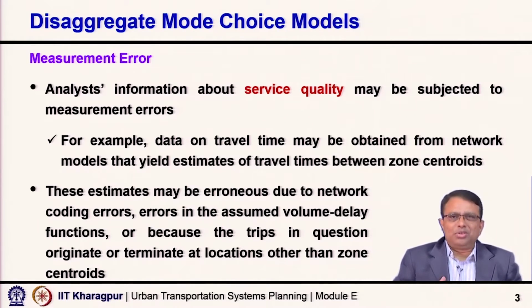Even in your own locality, the distance to the bus stop from every house is not the same; they are different. So, when you use aggregate level data, you can at least take the average distance to the bus stop and use that for everybody to predict.